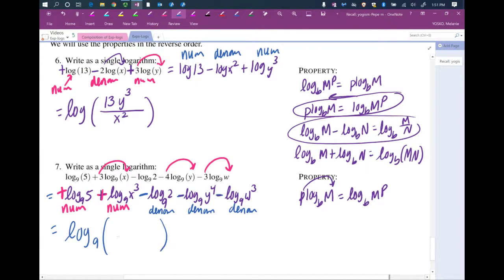A big fraction bar. We're drawing our vinculum. The things that go in the numerator are the operands of these logarithms with positive coefficients. So we have 5x cubed. And then the negatives, any coefficient that's negative, its operand goes in the new denominator of this logarithm. 2 and a y to the 4th and a w cubed.